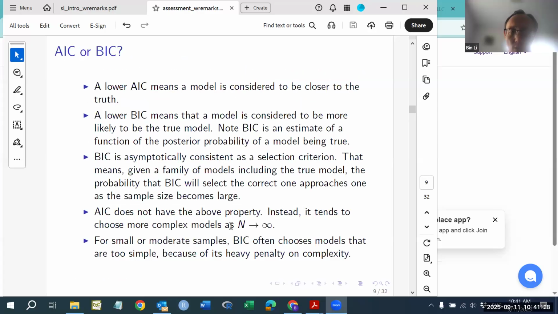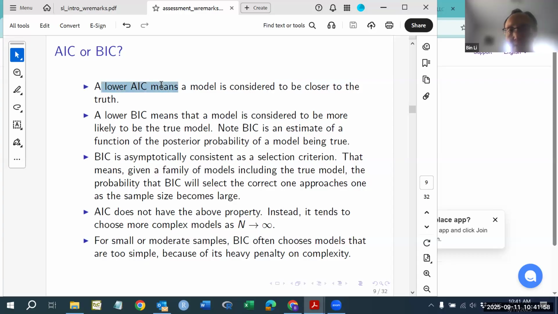Okay, so AIC or BIC, that's a question, right? Actually, we have more than two information criteria, about 10 or even more. We have AIC, BIC, DIC, VIC, FIC, and lots of ICs, but these are the two most commonly used.